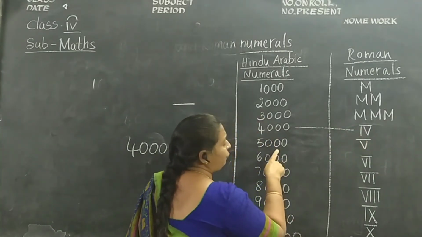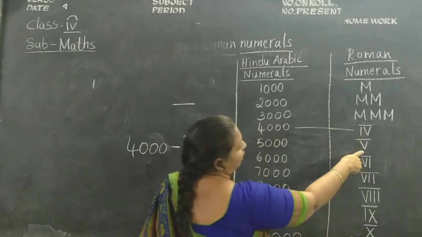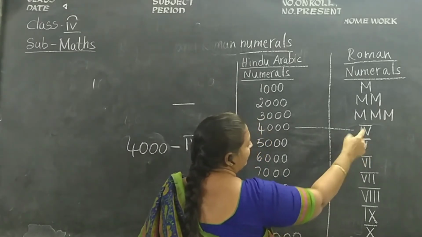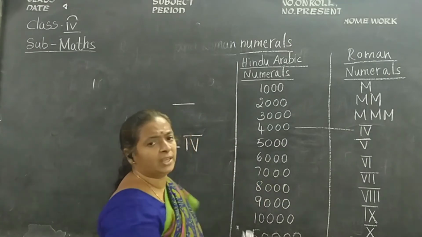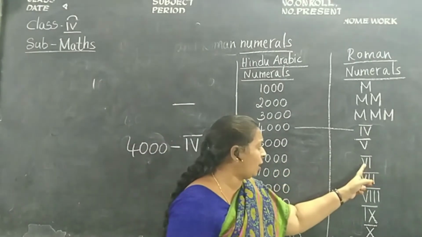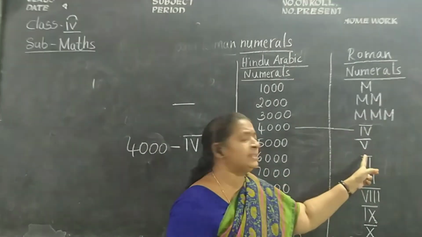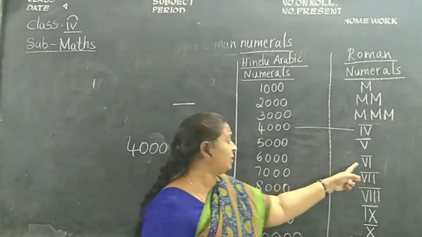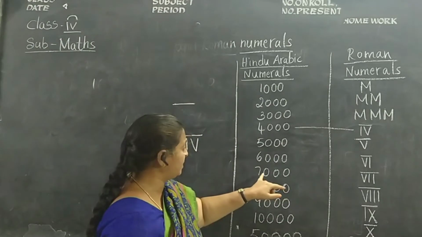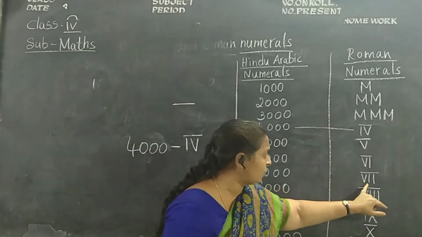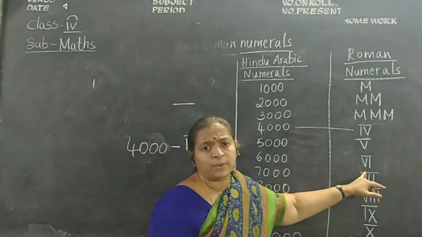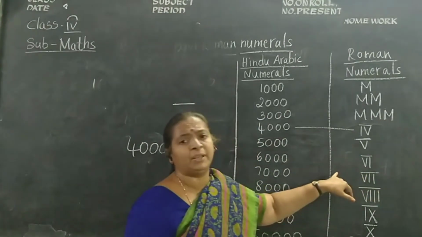See children, next one 5000. This one is Roman numeral 5 and this is the sleeping line. So 5000. Here 6000. Try to understand, children. This is 7,000, and this one is Roman numeral 7 and this one is the indication of 1,000, a sleeping line.